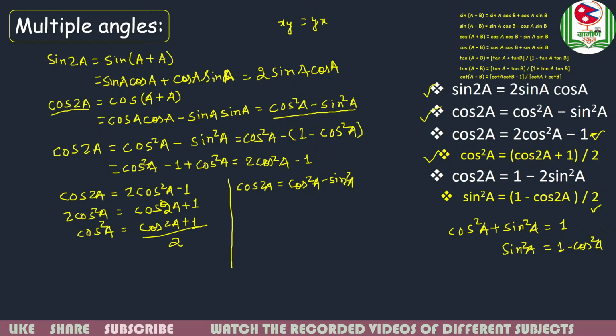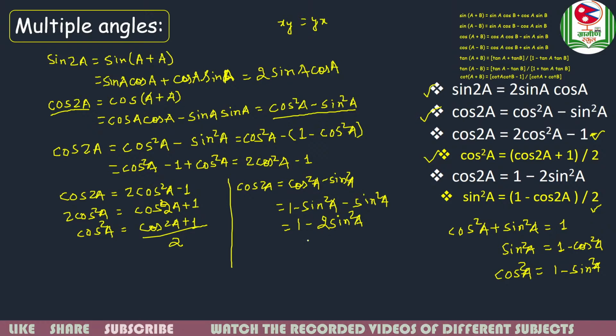Now at this time we will replace cos by sine, so cos square a can be written as 1 minus sin square a. So we will write 1 minus sin square a minus sin square a, and on simplifying, it is going to be 1 minus 2 sin square a.